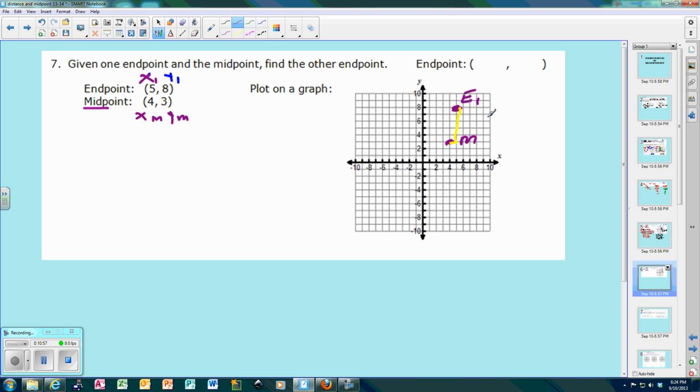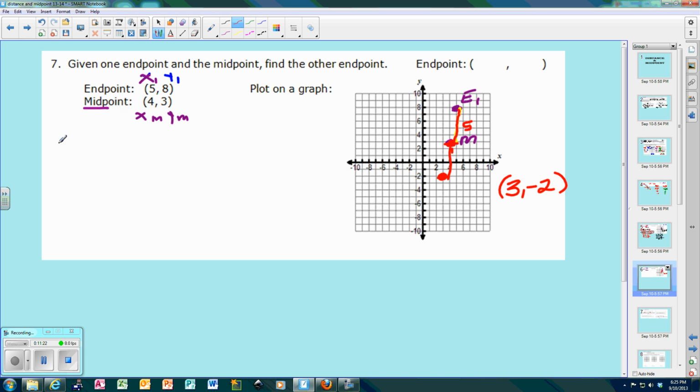So how many did I go down? 1, 2, 3, 4, 5. So I went down 5 and I went over 1. So from right here, I need to go down 5, 1, 2, 3, 4, 5, and over 1. So I need to be right there. So 3, -2 is what we're finding out on the graph.